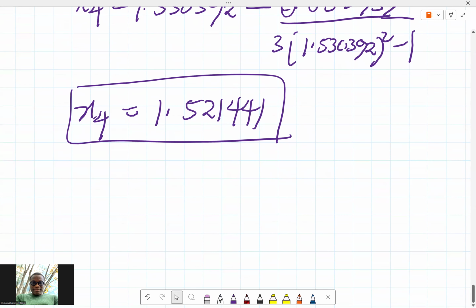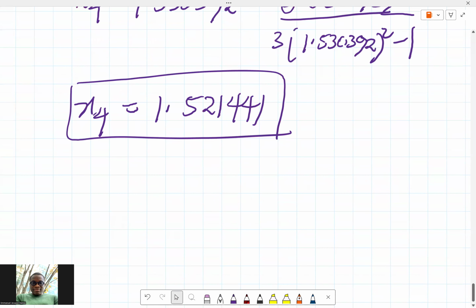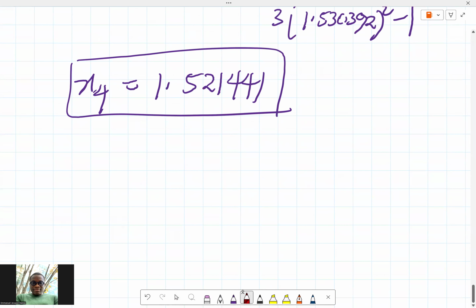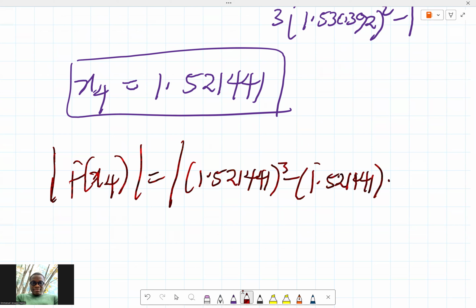So let's check if we have arrived or not. Are we there yet? Let's see. We do the absolute value of f of x4, which is 1.521441 raised to power 3 minus 1.521441 minus 2.